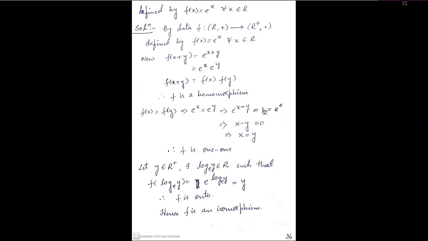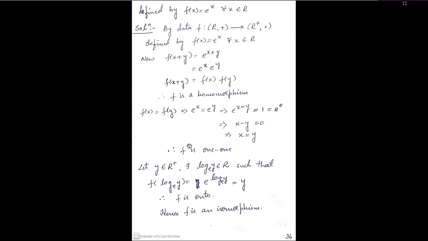So e power 0 is 1, where 1 is the identity element of (R+, ·). So this implies x minus y is equal to 0, since the bases are the same, you can equate the powers. So x is equal to y. Therefore f is 1-1.